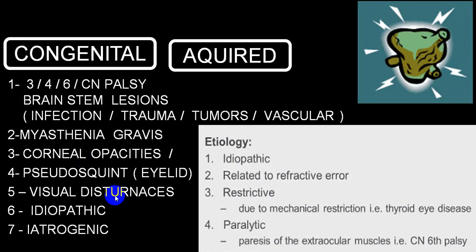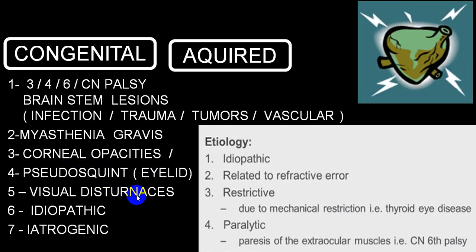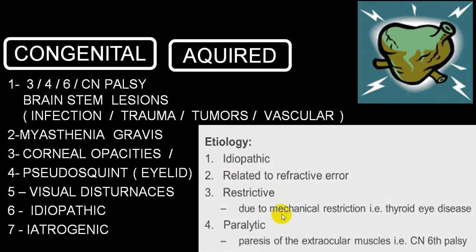Some of the visual disturbances, say maybe like keratoconus, corneal opacity, or idiopathic, or very rarely iatrogenic. So the commonest causes are idiopathic, refractive error, restrictive, classical example like exophthalmos, paralytic, very frequently because of the 3rd, 4th and 6th cranial nerve palsy, and very, very rarely sensory.